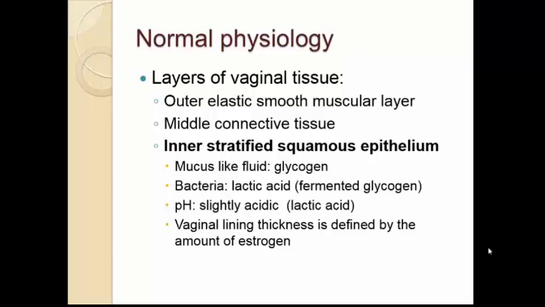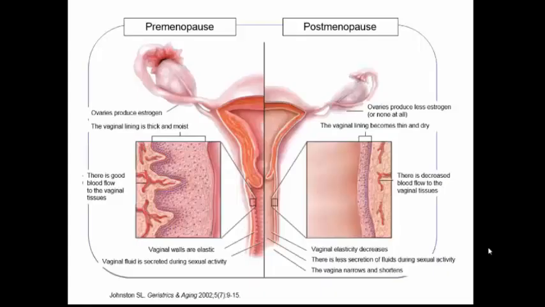Within this layer, there's a mucus-like fluid, glycogen, bacteria, lactic acid, which is fermented from glycogen, and it has a slightly acidic pH from the lactic acid. The vaginal lining thickness is defined by the amount of estrogen within this tissue. A diagram is key to understanding this problem.